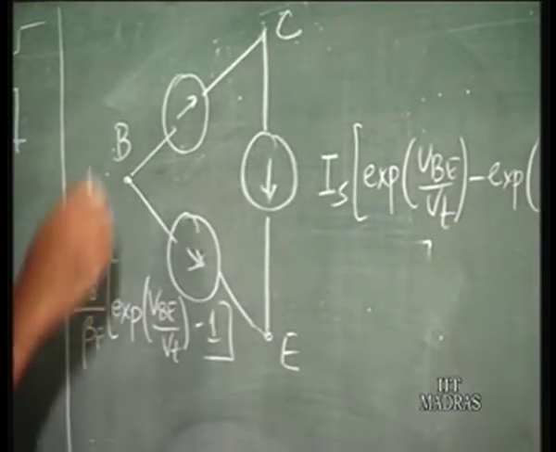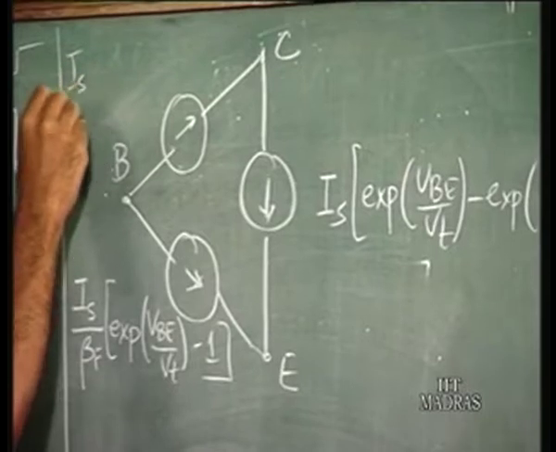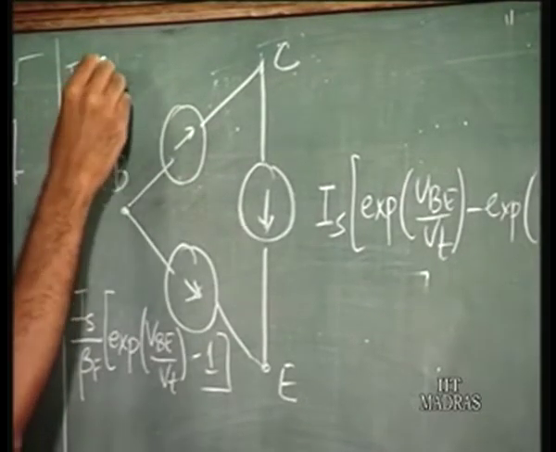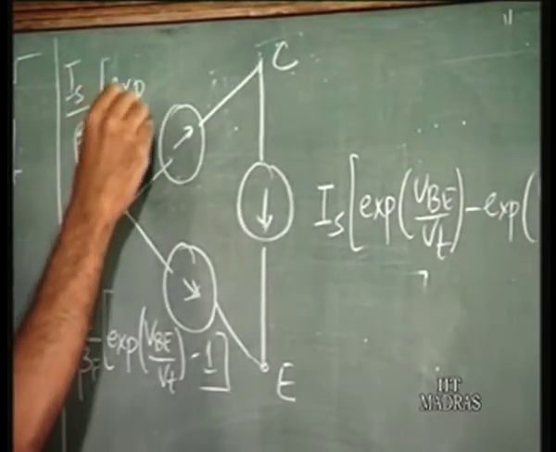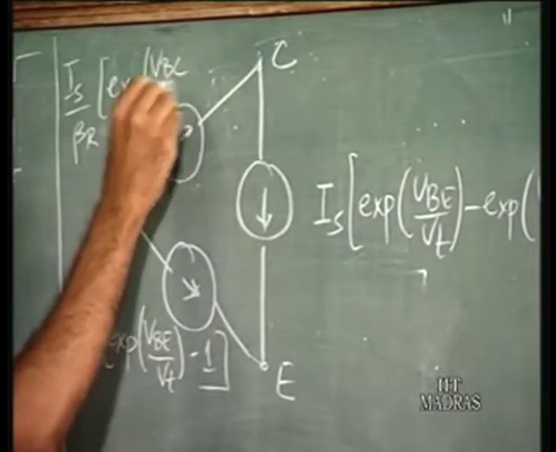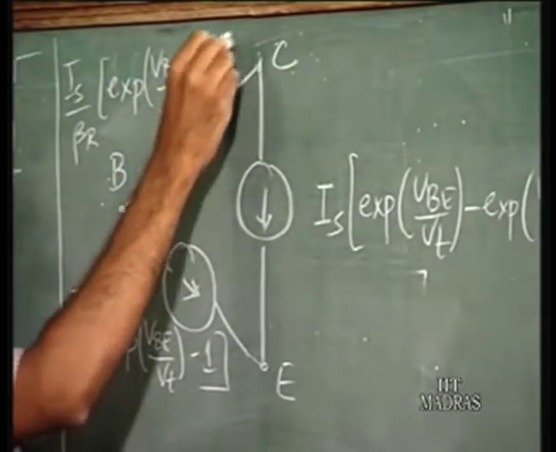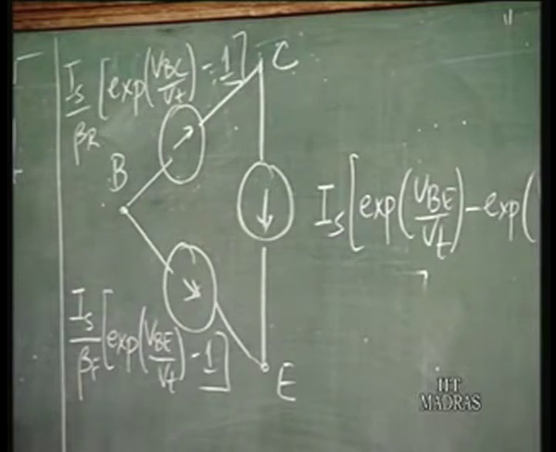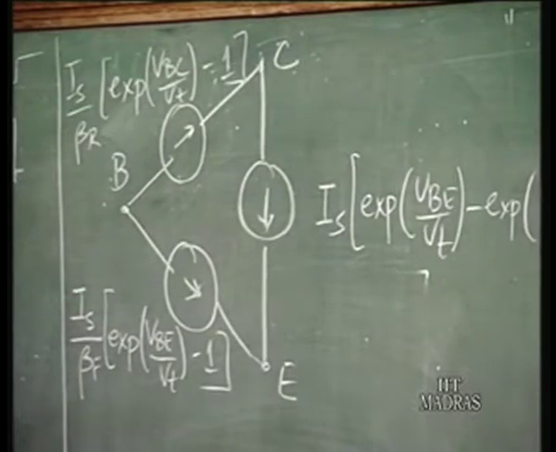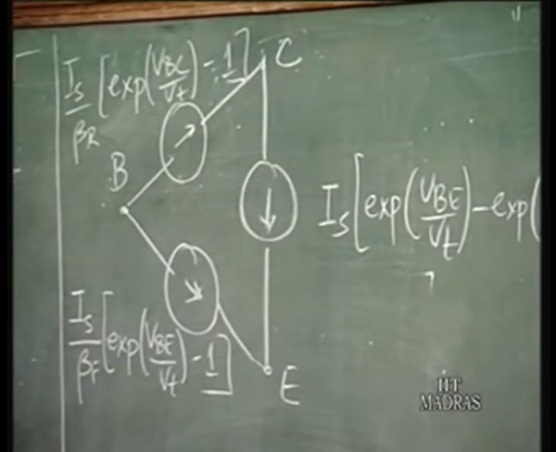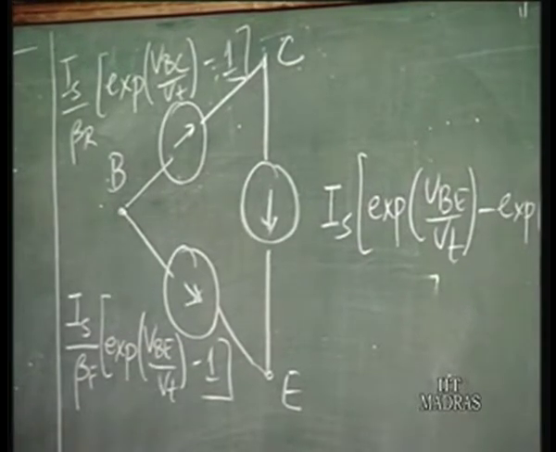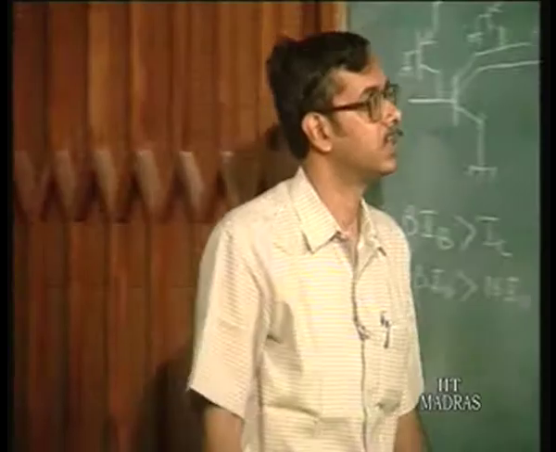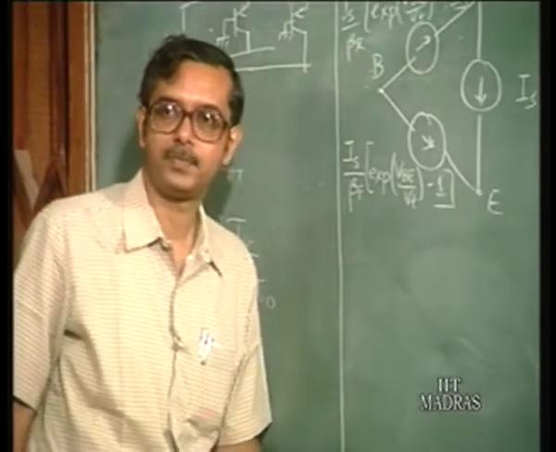And this one is Is by beta r times exponential Vbc by Vt minus 1. So, this is the Ebers-Moll model which we have already derived in the first few classes. We are familiar with it, so we can take it up straight away.